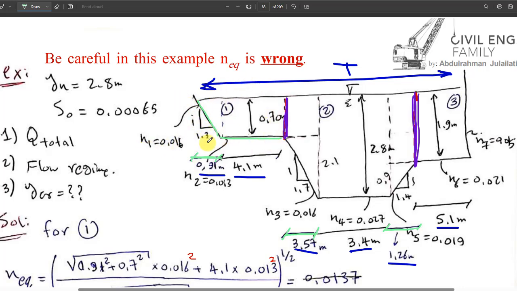It will be the length of this member, square root of 0.91 squared plus 0.7 squared, multiplied by 0.016 squared, plus 4.1, which is this length, multiplied by 0.013 squared.